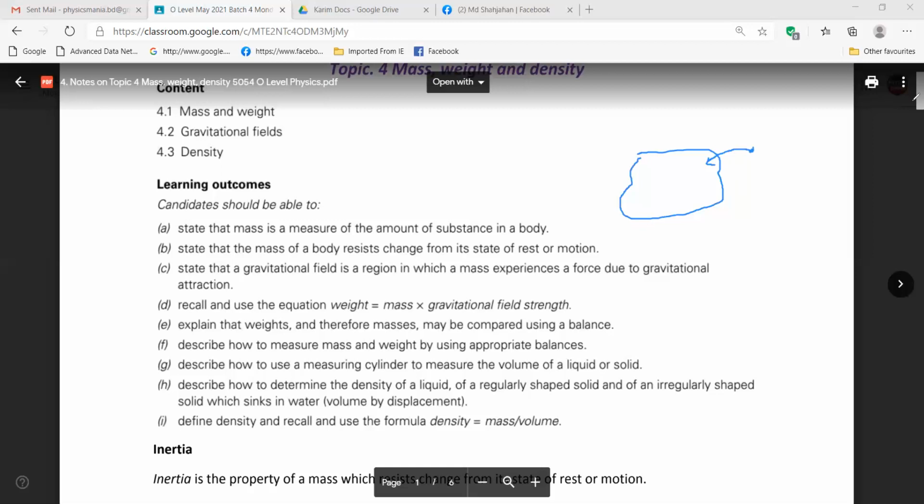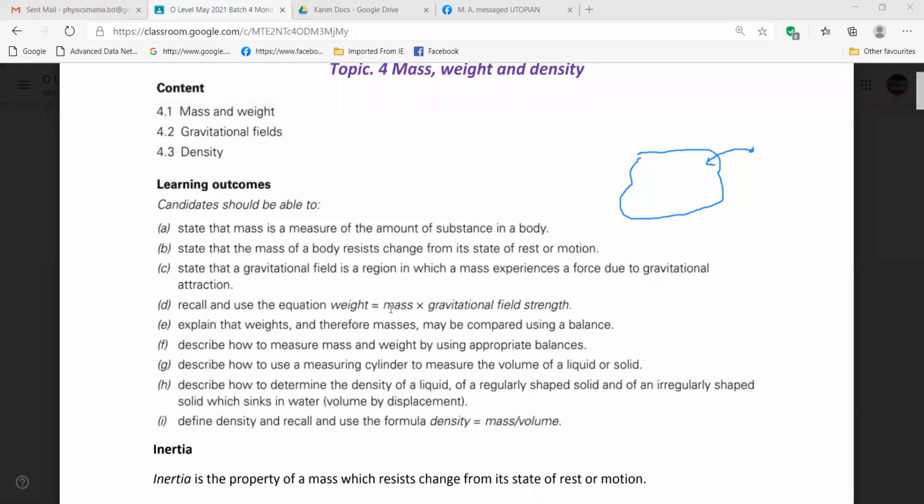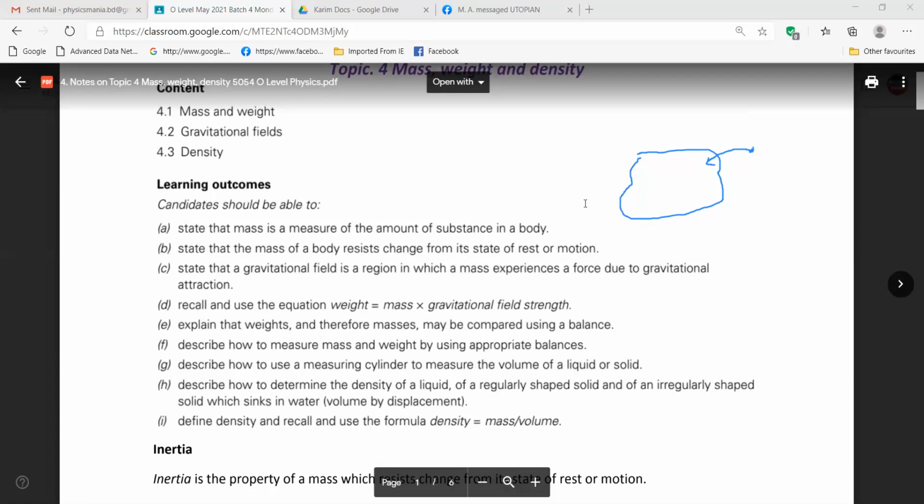Yes, sir. Now we have here weight. Weight equals mass into gravitational field strength, right? I think in your memory you have this formula. Yes, sir.